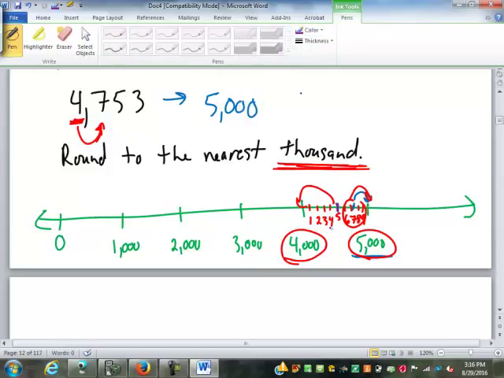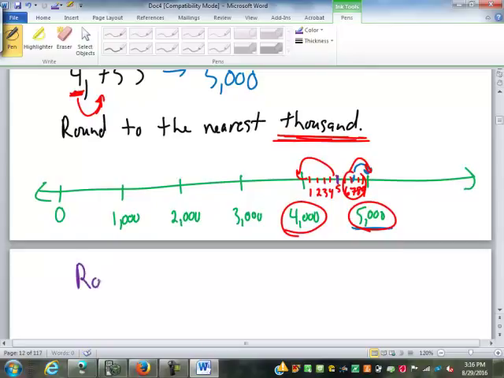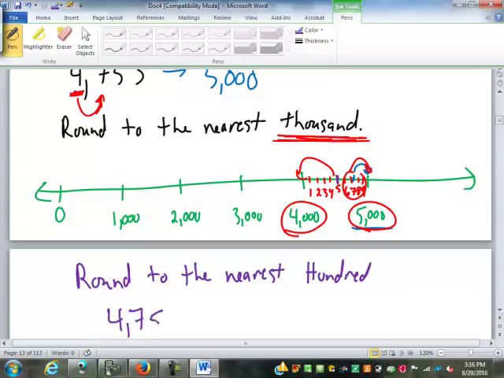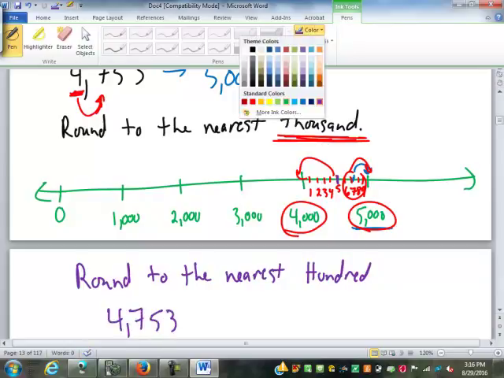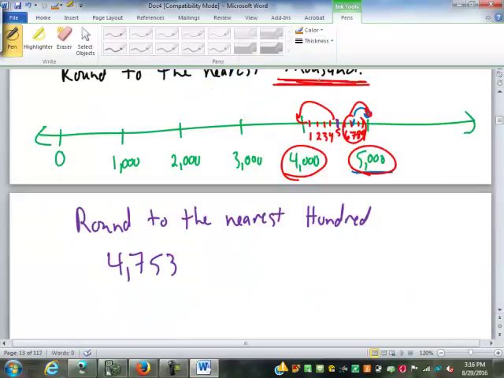What if I asked you to round the same number, 4,753, to the nearest 100? Well, which digit am I going to identify here?